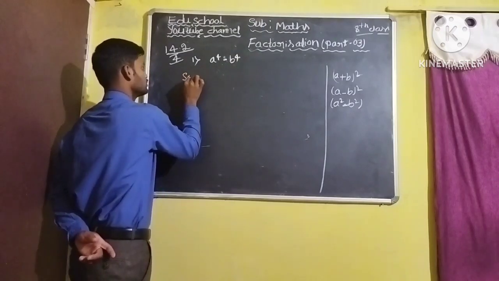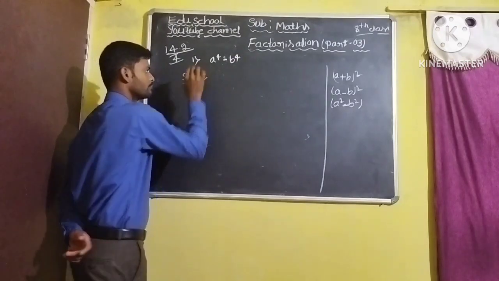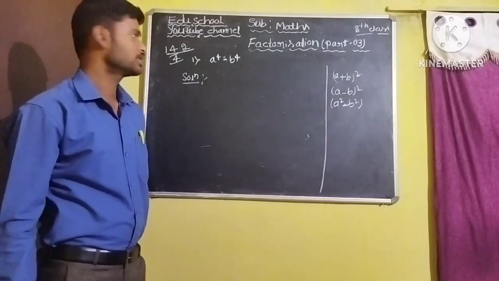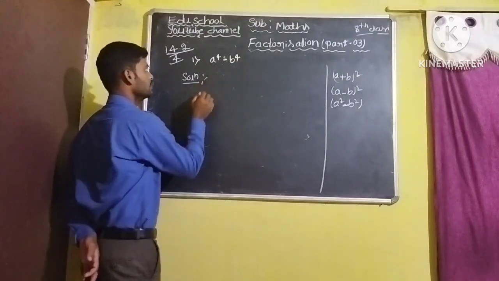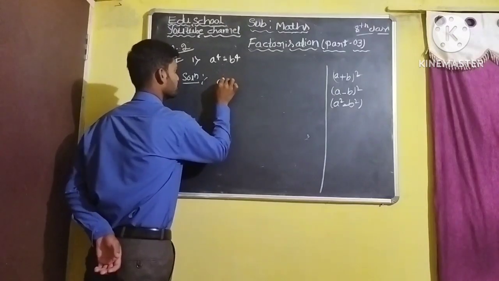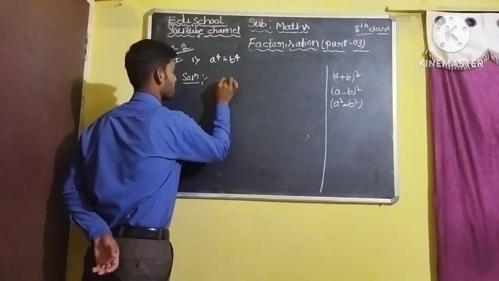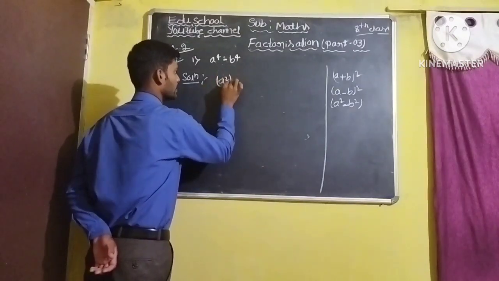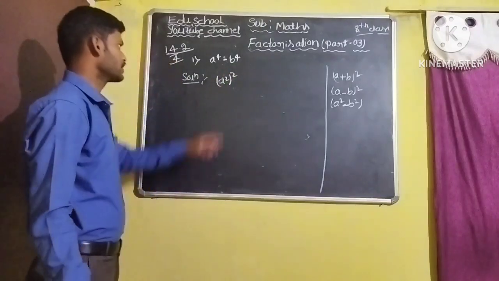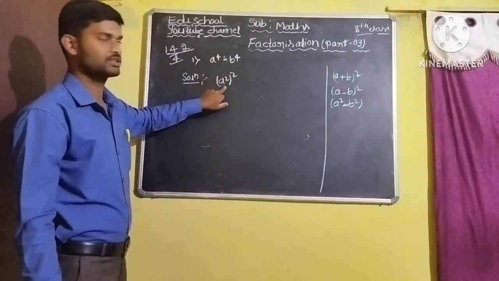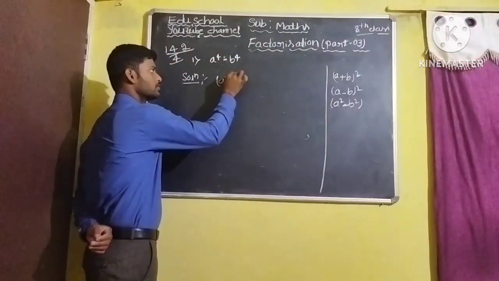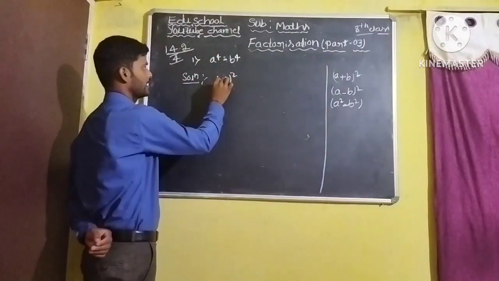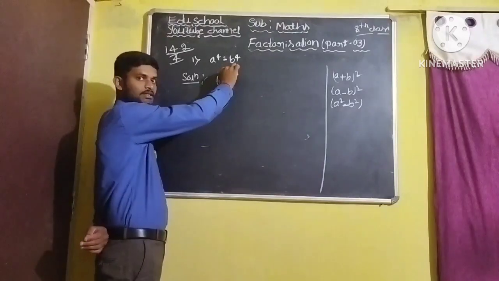So now listen here. In this given problem, a to the power of 4 minus b to the power of 4, we can arrange this problem as a square whole square. So a to the power of 4, I can write as a square whole square, because 2 into 2 is 4, again a to the power of 4 is the answer.